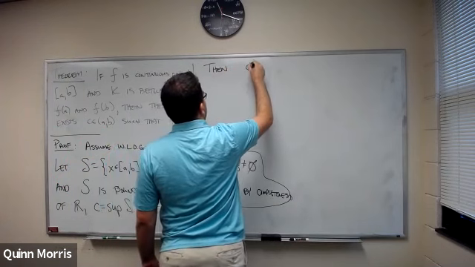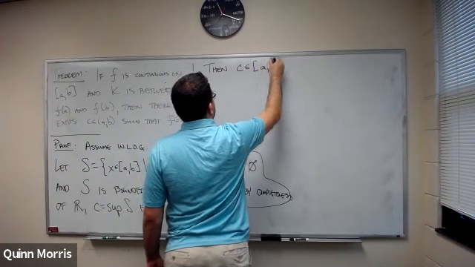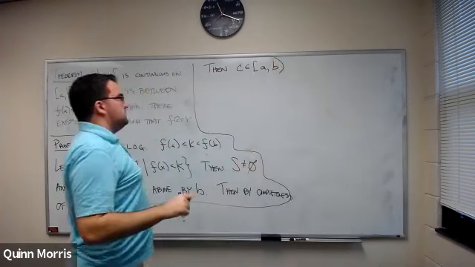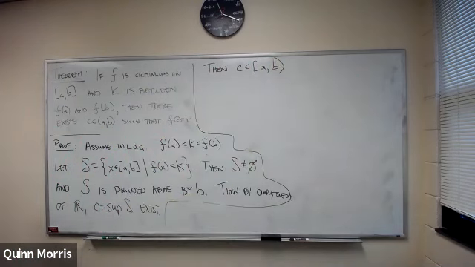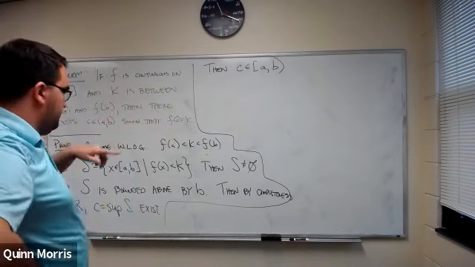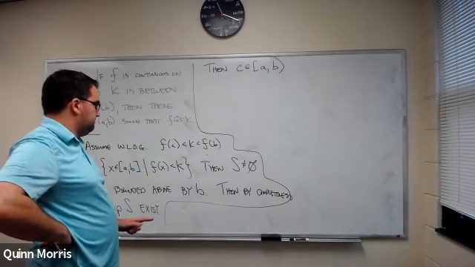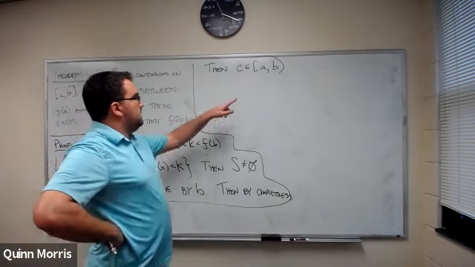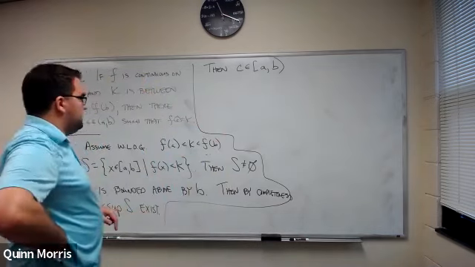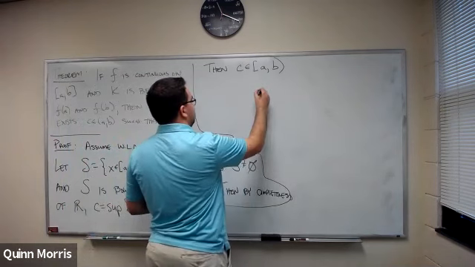All right, well, the first thing I know is that C certainly has to be less than B, okay? And why does it have to be less than B? Well, what would it mean if the supremum of this set was B? So I'm just going to quickly sketch it.